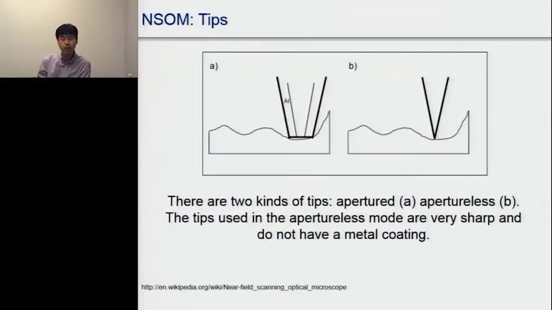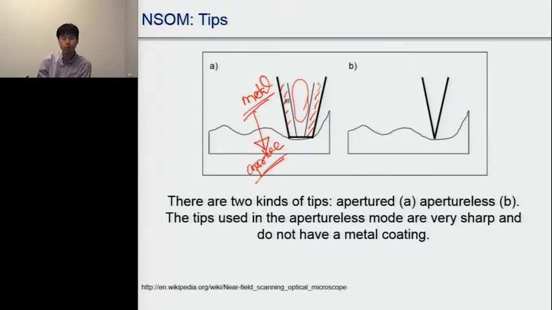So NSOM has two different types of tip. The core of the tip is made out of a transparent material like glass, and the outside of the transparent tip is coated by metal. In other words, we call this metal layer an aperture.